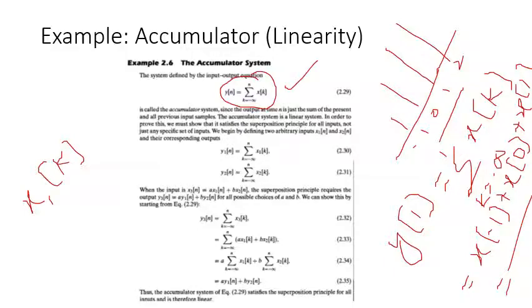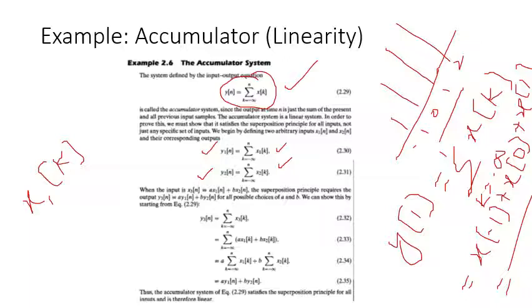So if the input is x1 of k, the output will be y1 of n. And second, we have the input x2 of k, and the output will be y2 of n. These are just the transformations. We pass two different inputs, because to prove linearity we need two inputs for addition.